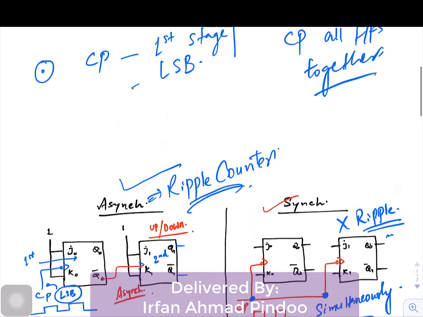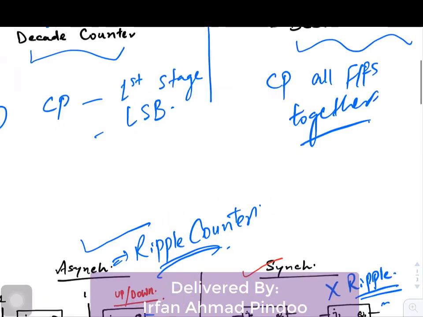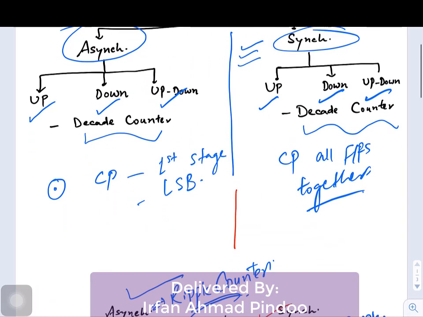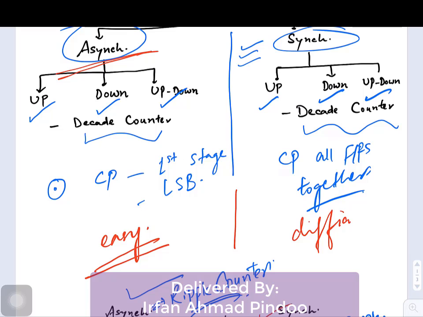Then, if you remember the previous video on the introduction to counters, there is one more highlighted difference between synchronous and asynchronous. The asynchronous counter is relatively easy to design, while the synchronous one is difficult to design.